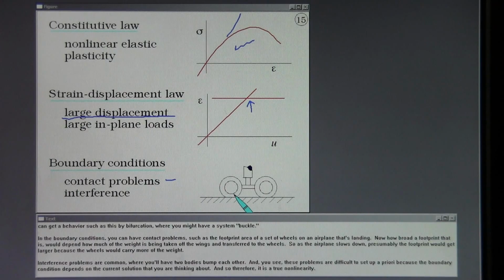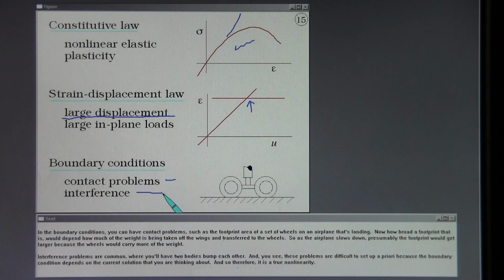So as the airplane slows down, presumably the footprint would get larger because the wheels would carry more of the weight. Interference problems are common, where you'll have two bodies bump each other. And you see, these problems are difficult to set up a priori because the boundary condition depends on the current solution that you are thinking about, and so therefore it is a true nonlinearity.